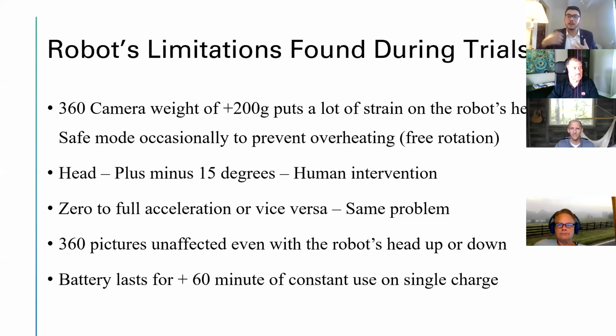Otherwise, you just have to come in and fix it yourself. Going from 0 to full acceleration or vice versa, if you accelerate or decelerate it too fast, the same problem happens. But again, as I said, even if the robot's head is stuck somewhere, the 360 pictures are unaffected because they take everything around it. And then one of the things that we noticed was the battery lasts somewhere around 60 minutes of constant use on a single charge.